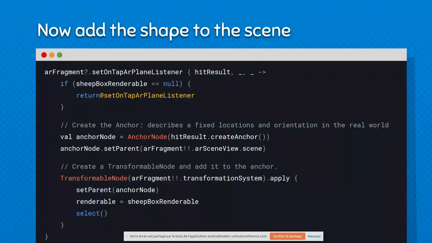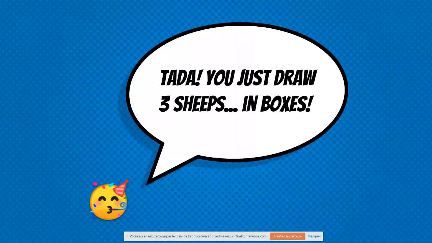Here it is a transformable node, so you can scale it. You can place it on the scene wherever you want, or you can make some rotation with your fingers. So when the renderable is ready, I add it to the anchor and set the renderable, and then ta-da! You just have drawn 3 shapes in boxes.